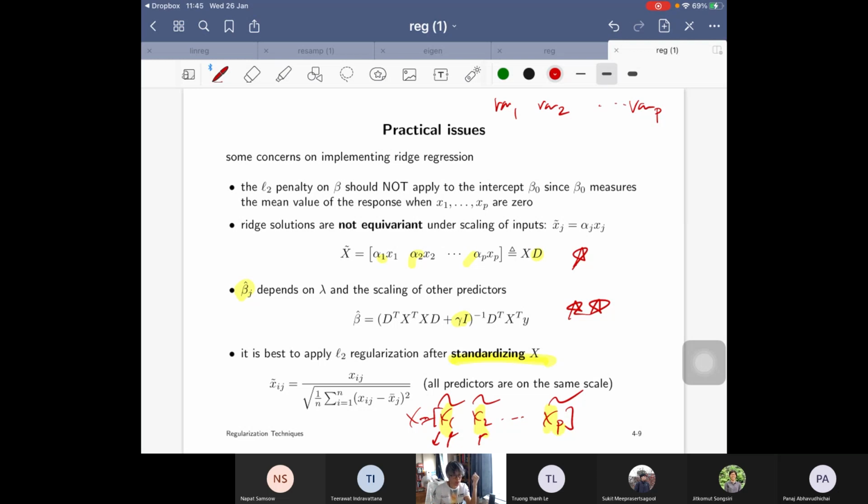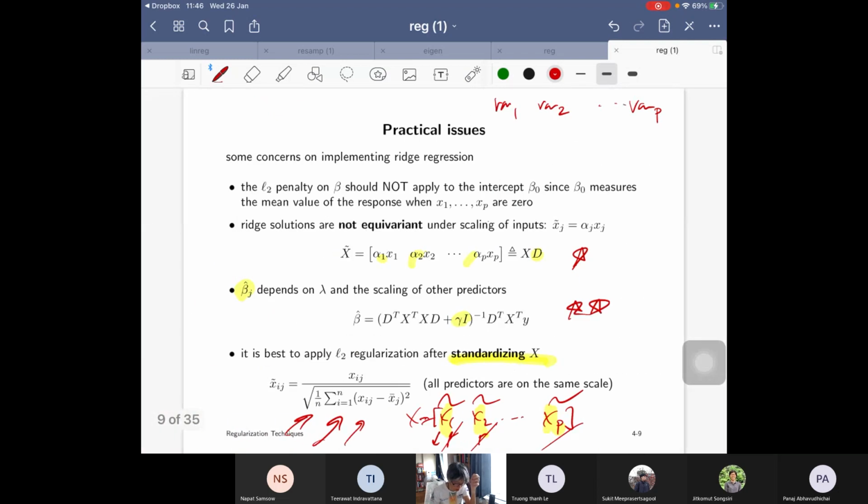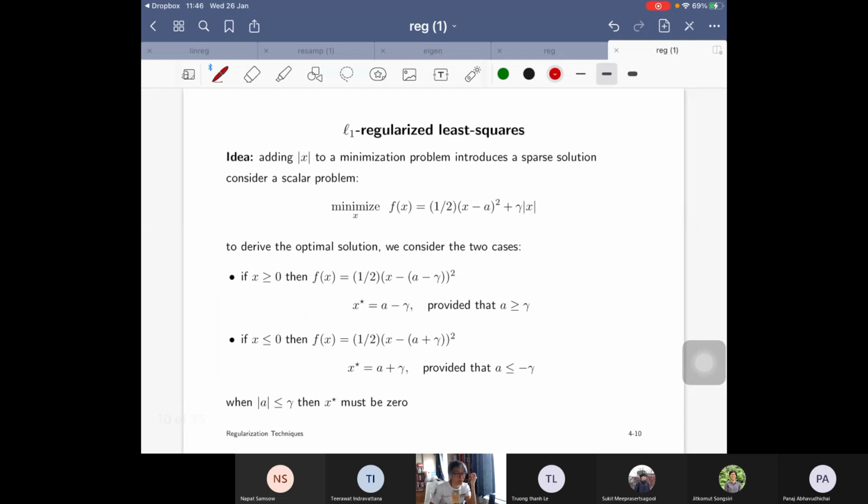So each column should be normalized by what? The square root of the variance. Yes, the square root of the variance. So you normalize it, that's the expression that I have here. That's the practical implementation of the regularization problem: standardize the variables first. Okay, so that's two-norm regularization.